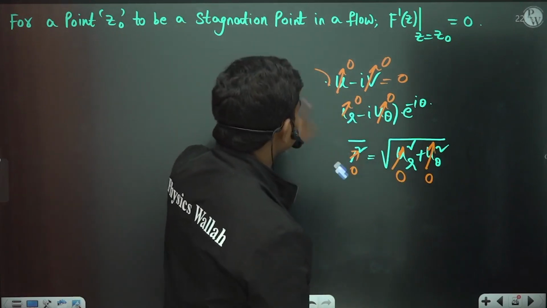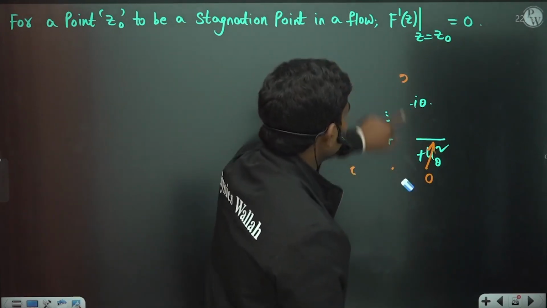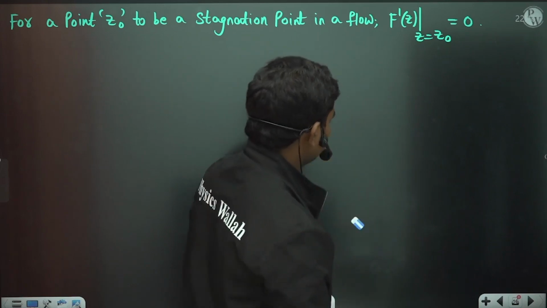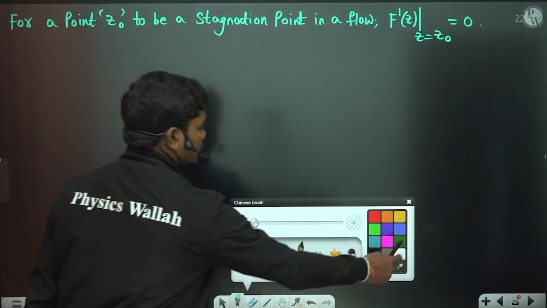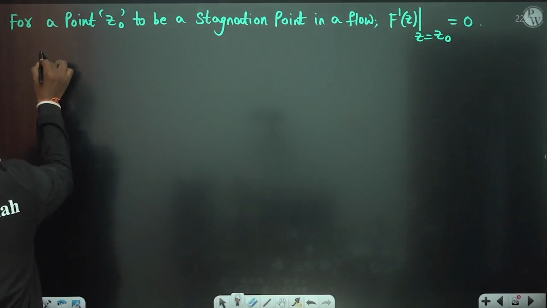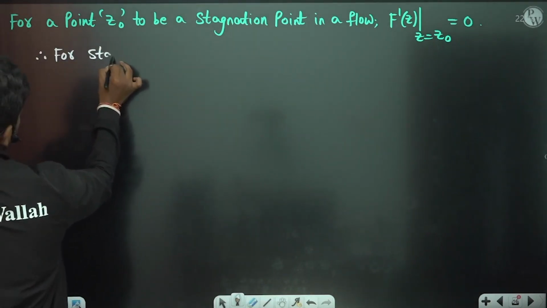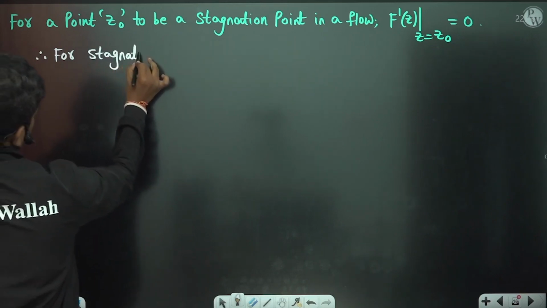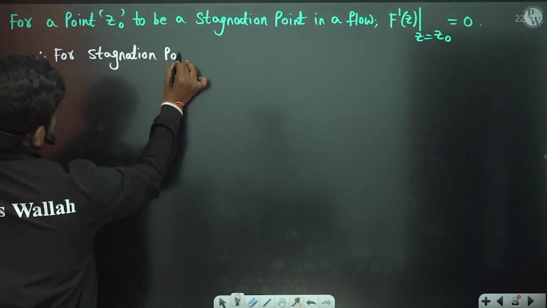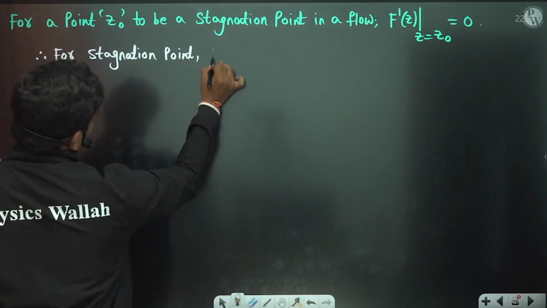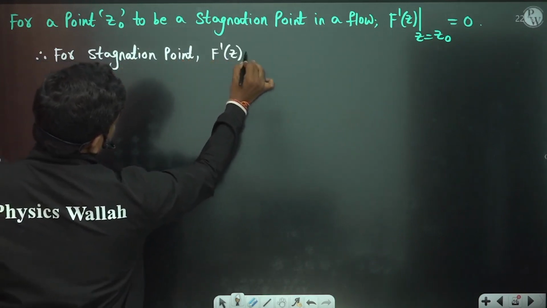Now, for the stagnation point, f dash of z is equal to 0.